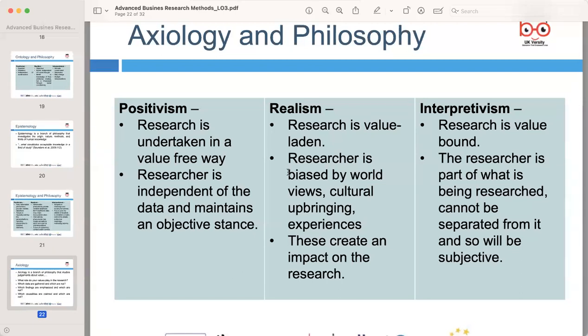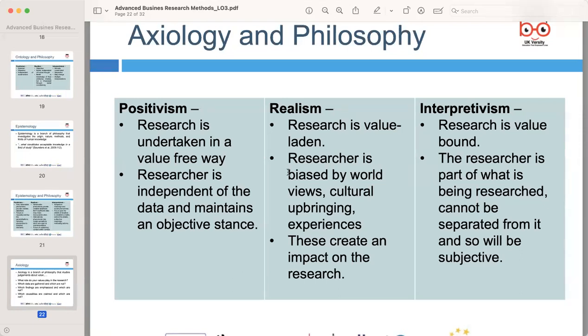Last one is interpretivism. In interpretivism, research values are considered integral to the research process. The researcher cannot be separated from what is being studied, and therefore subjectivity is embraced.